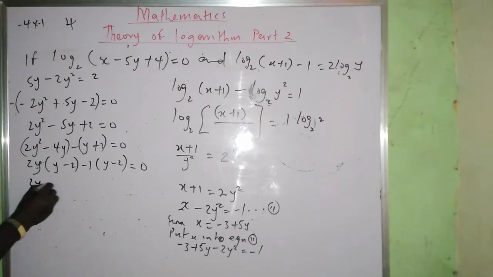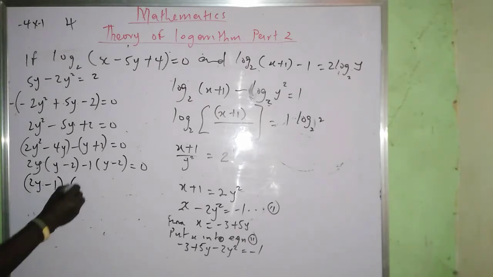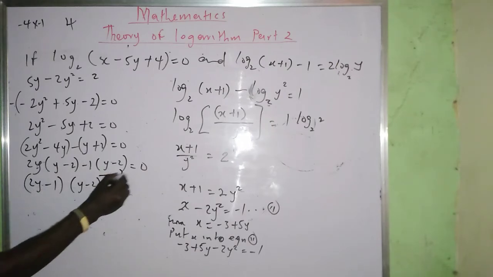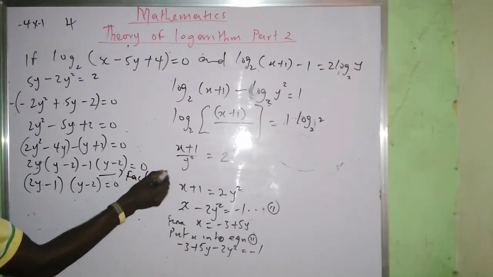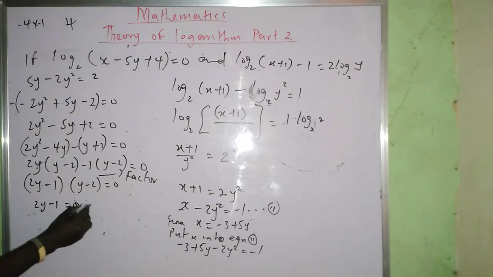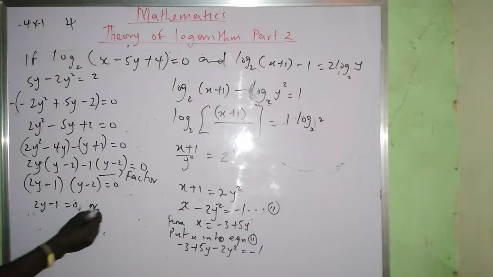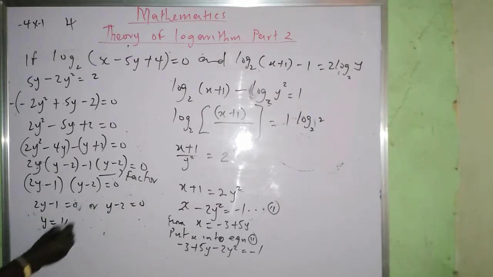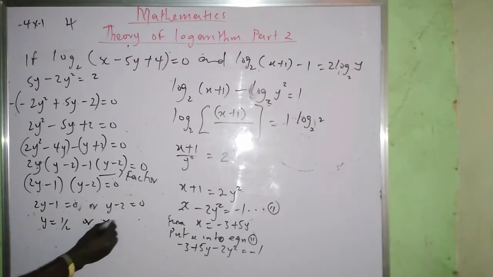Now, 2y minus 1, y minus 2 equals 0. This is called factor. I'm not here to teach equation today. And also, I can answer that 2y minus 1 equals 0, or y minus 2 equals 0. It means my y equals 1 over 2, or my y equals 2.